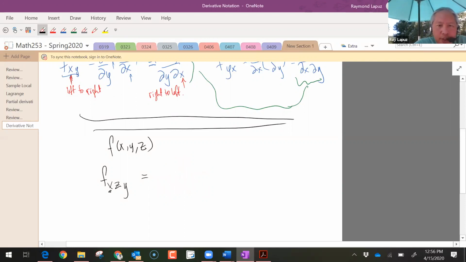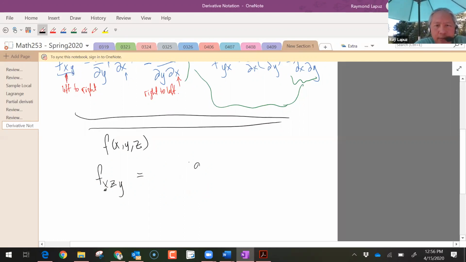So we want to first take the derivative with respect to x, so df dx, and then from here you're going to take the derivative of this with respect to z, that's the second one, and then from here you're going to take the derivative of this with respect to y, that's the last one.